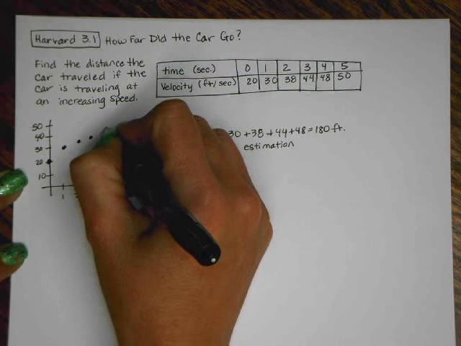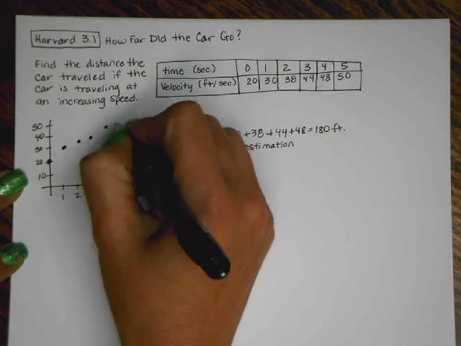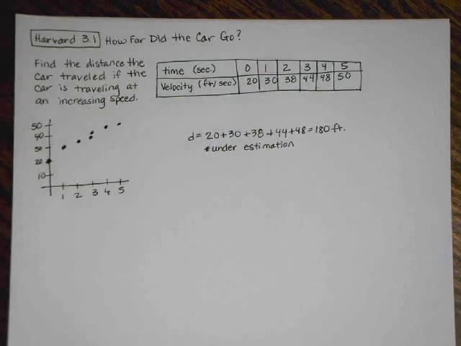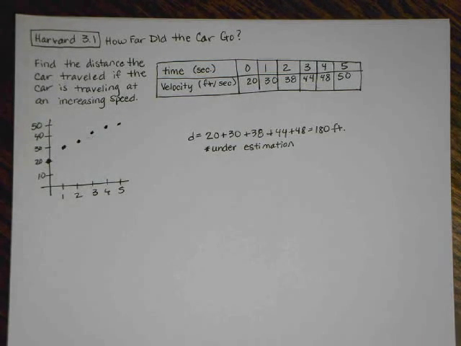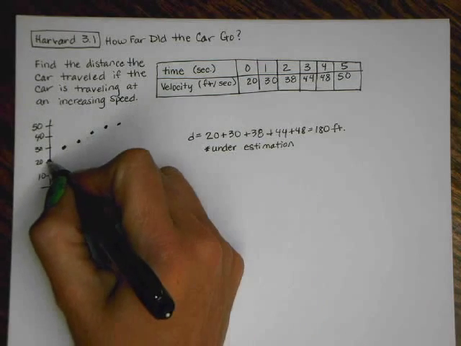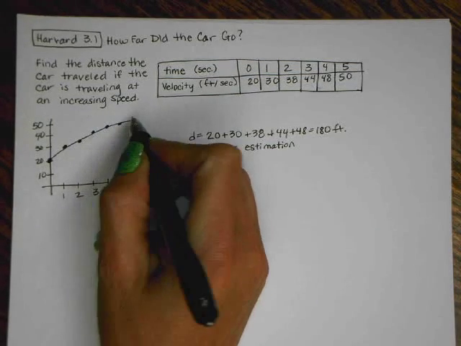That one's a little low. And that one's a little high. Alright, so there's some data. It'll work. Now this is at an increasing speed, and so my graph looks like that.